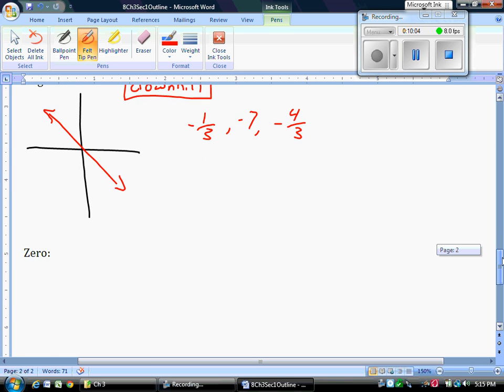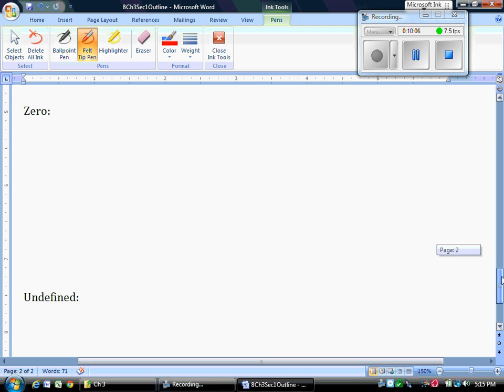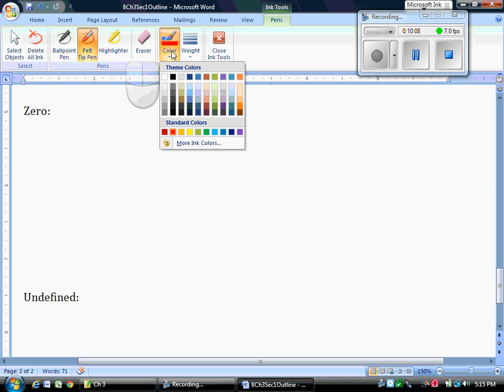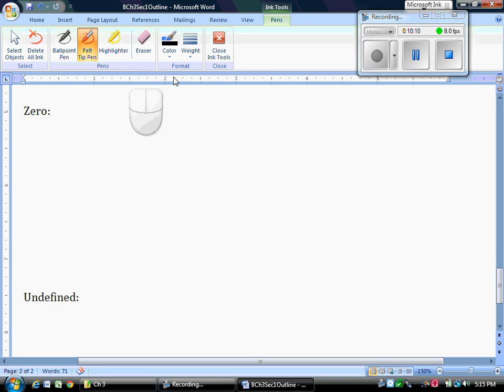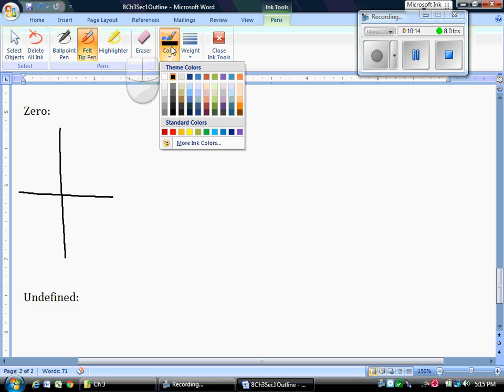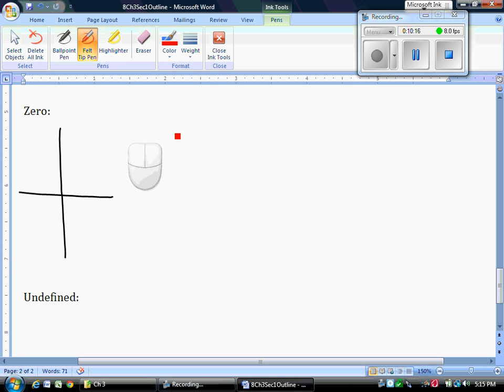Okay. Now the last two are two that people get confused with all the time. A zero slope and an undefined slope. Okay. If my slope is 0, it is going to be a horizontal line. Horizontal line is 0.